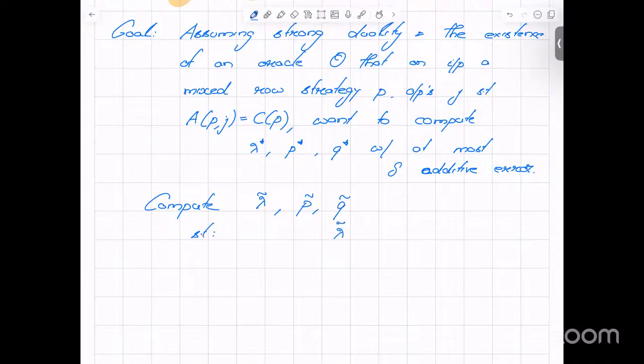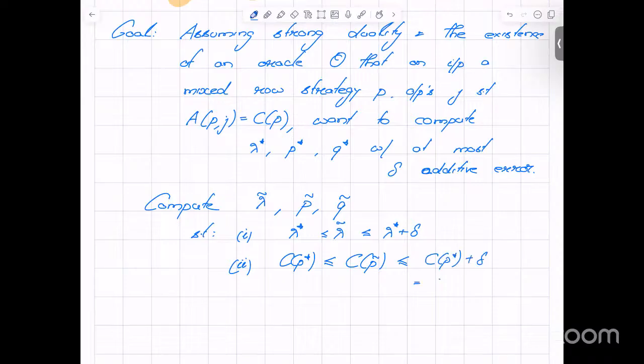Lambda tilde will be larger than lambda star, but not too much larger than it. CP tilde has to be always greater than CP star. CP star is the smallest of them, but we'll ensure that it is no more than CP star plus delta.